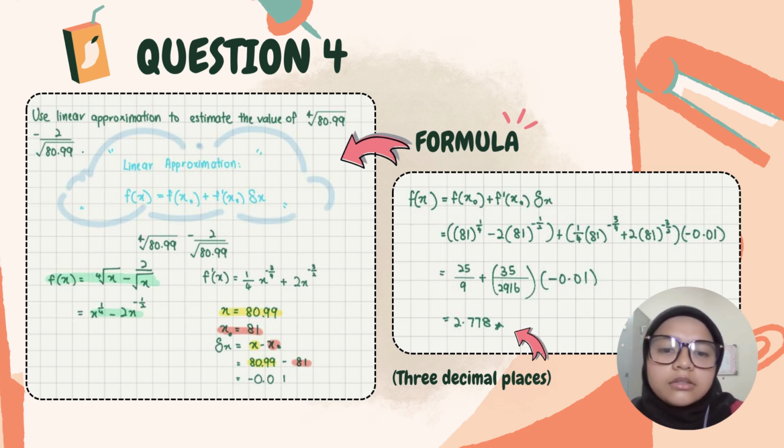So we get 25 over 9 plus 35 over 2916 times negative 0.01. So we get the answer 2.7776575. In this question, we round to 3 decimal places, so the final answer is 2.778.